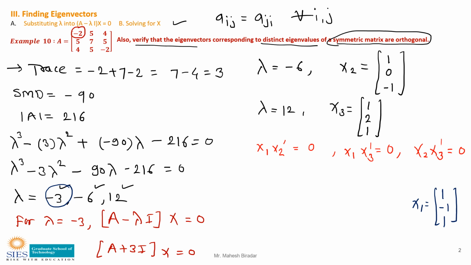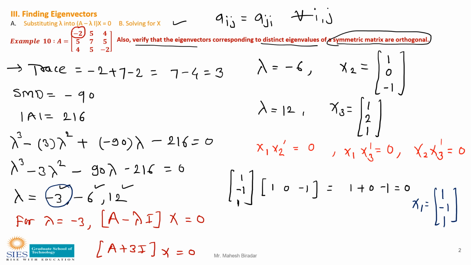I'll do one for you. x1, which is always a column vector, is 1, minus 1 and 1. And x2 is also a column vector, but here x2 dash means take the transpose of x2, which is 1, 0 and negative 1. If you take the product of these two matrices, you will get 1, then plus 0 and minus 1, which is equal to 0.